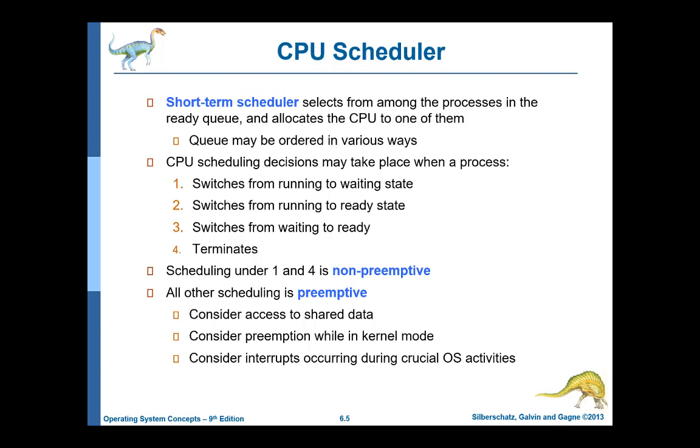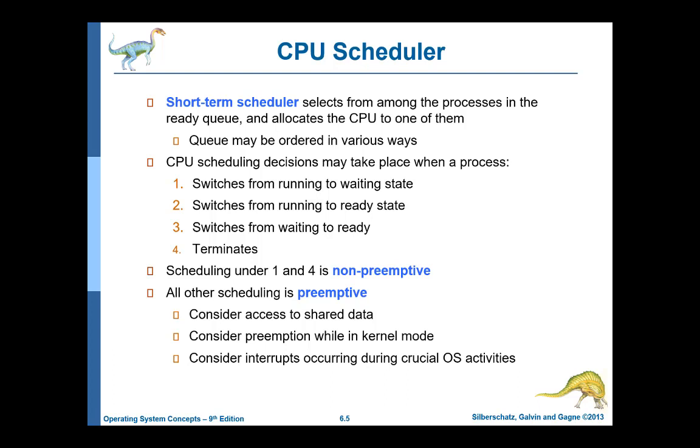So we need to make a decision about CPU scheduling, which means when we need to allocate the CPU to a process. And here we see the 4 conditions. One is when a process switches from running to waiting state.